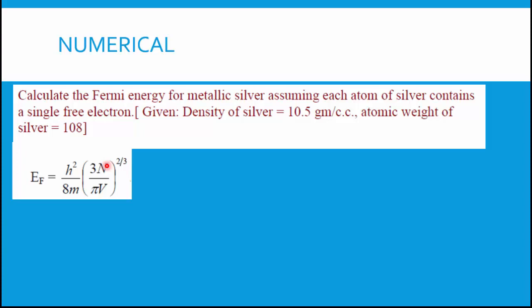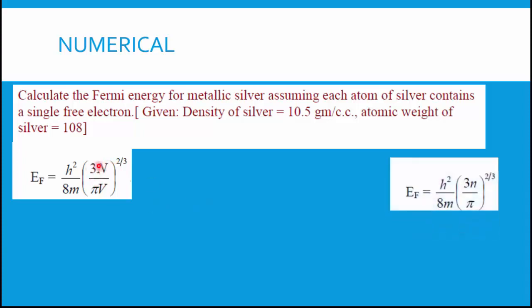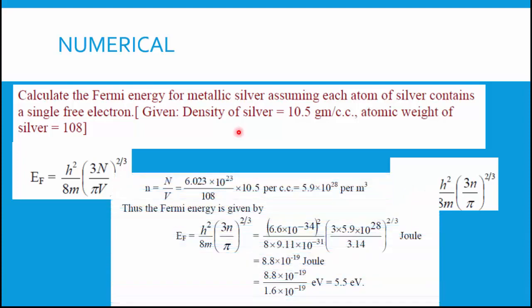Now I'm going to first take this n, the total number of electrons, divided by the volume as number density, denoted as small n. Because in this numerical I have to express it as number density, not as number. So for the small n, the number density, I have taken the Avogadro number because atomic weight is given.